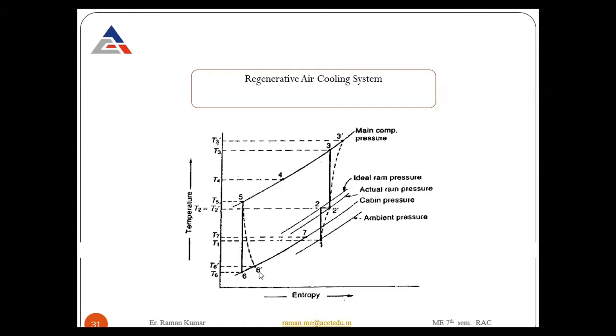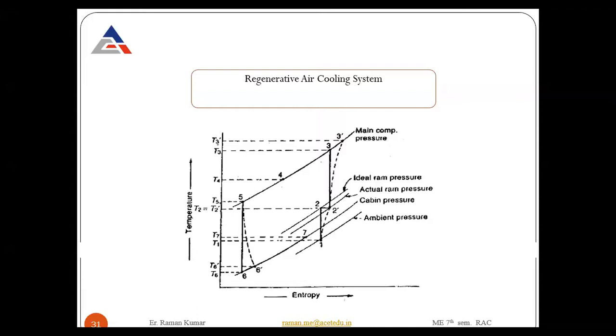And after this, it will pass through your cooling turbine into the cabin. From it will take the heat load. After taking the heat load from 6 dash to 7, its temperature is going to increase. Look at here in this diagram.